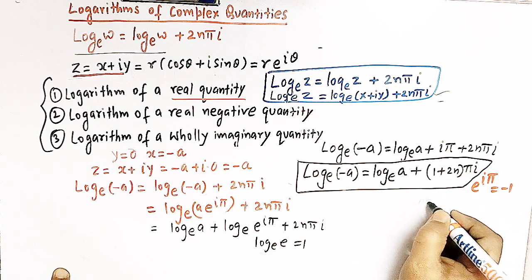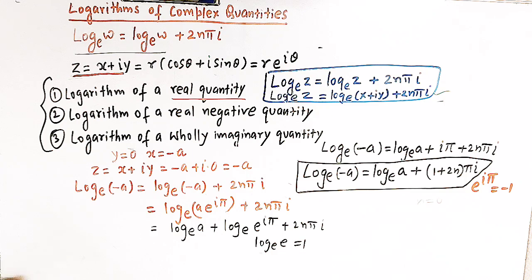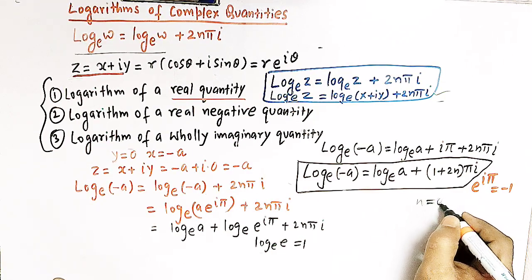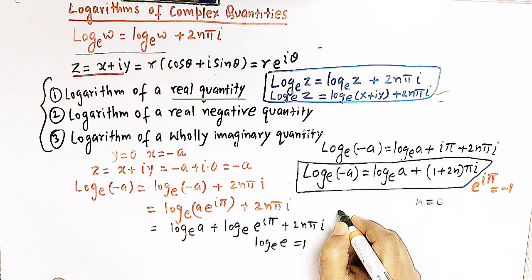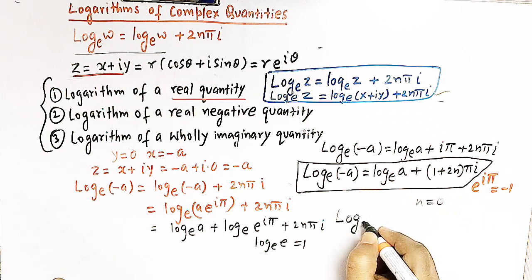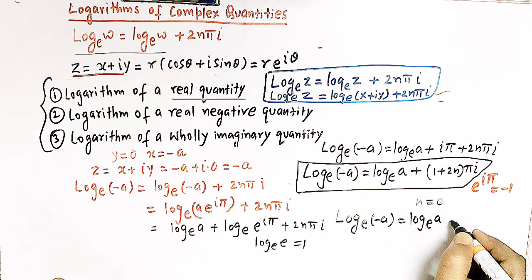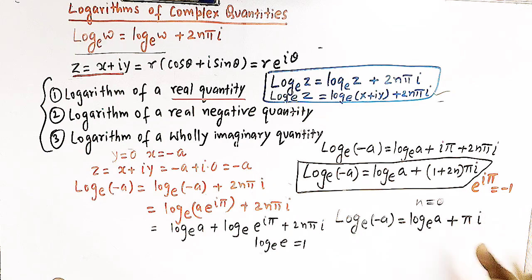Because when n is equal to 0, the general value of the logarithm of minus a is given by log of a plus pi I, and it is still an imaginary quantity. So that's why the logarithms of negative real quantities are not defined in the set of real numbers.